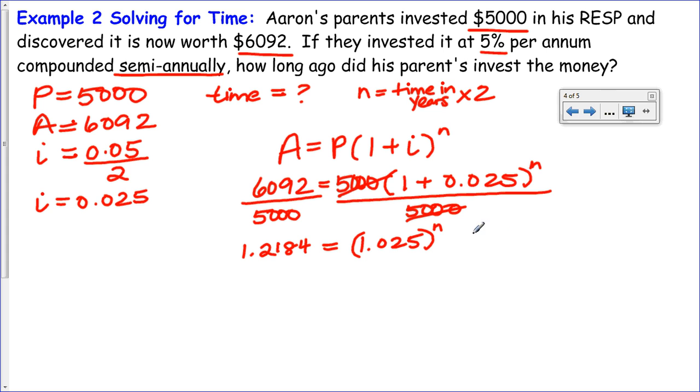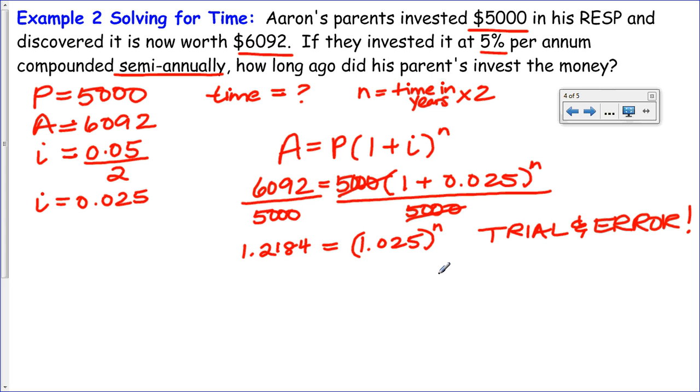Okay, so now at this point, you don't know how to solve for n. There is a mathematical way, but the way we're going to be doing it is trial and error, which simply means sit there with your calculator and just start plugging in numbers for n. Maybe just pick a number at random. Let's try 5. Let's try 6. If you see that, oh, 5's too much, maybe try 4.